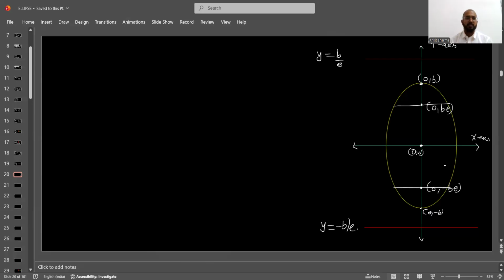So for this ellipse, the equation remains the same as the standard equation. So the equation is x square over a square plus y square over b square is equal to 1. Only thing is that here a is less than b, that is, b is more than a. That means the major portion is lying on the y-axis. And of course, the center here is still 0 comma 0.